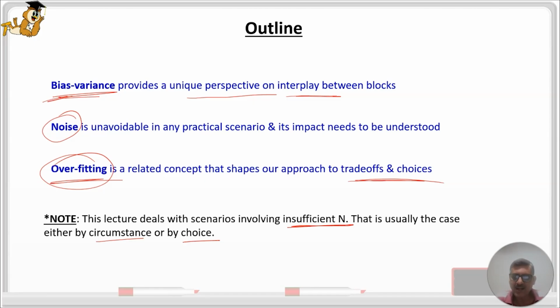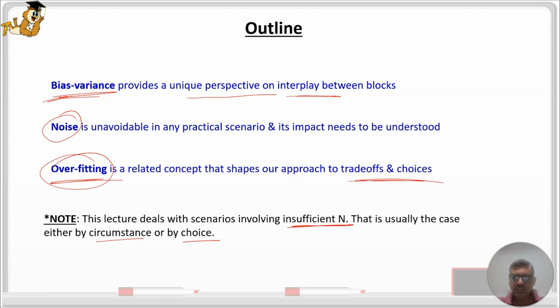Right? So no matter what the VC dimension of your hypothesis set is, no matter what your problem is, just throw more training data at the problem and you will eventually end up with a good system. Right? So increasing n is a solution to all our woes. That's what the PAC theory would suggest.